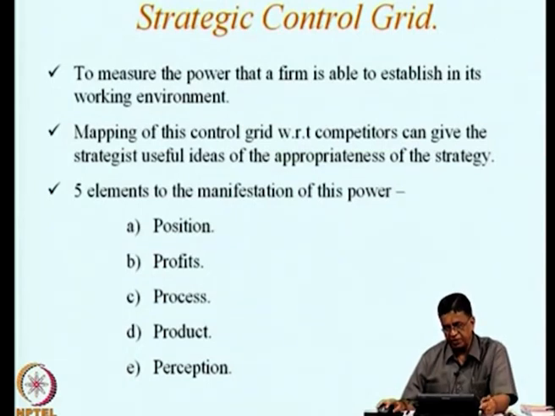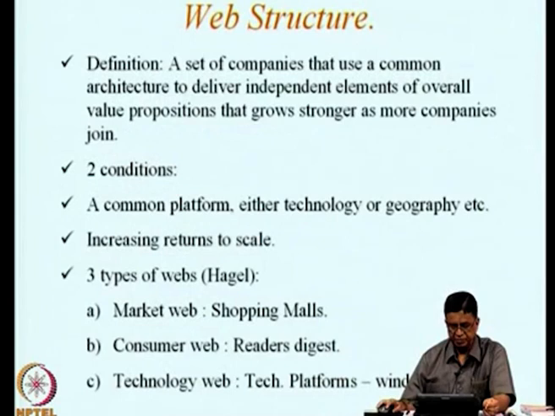Mapping the control grid with respect to competitors can give the strategist useful ideas of the appropriateness of the strategy. So, 5 elements for this manifestation of power, namely position, profits, process, product and perception.